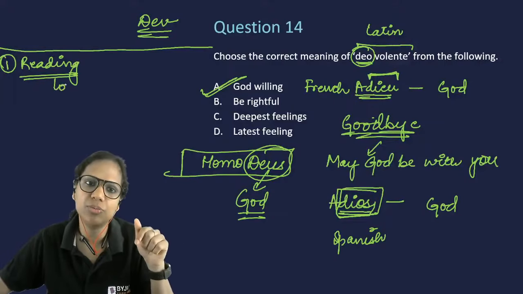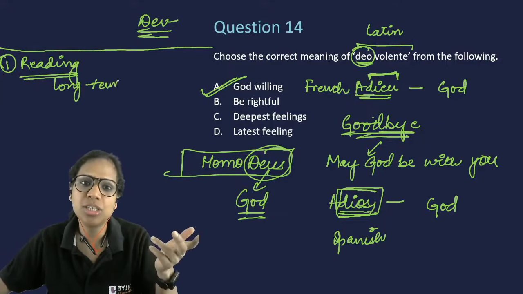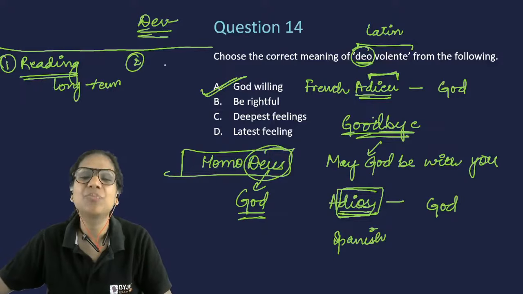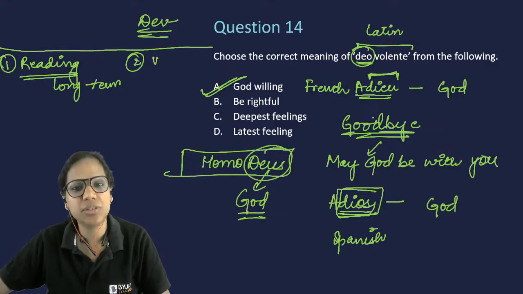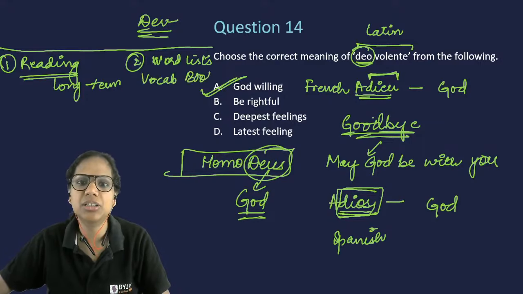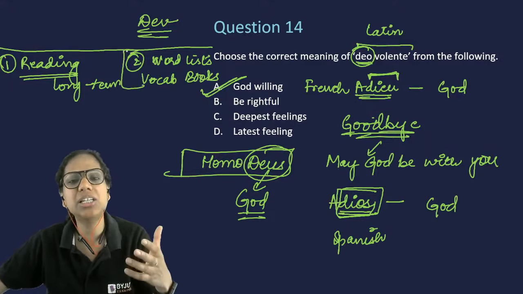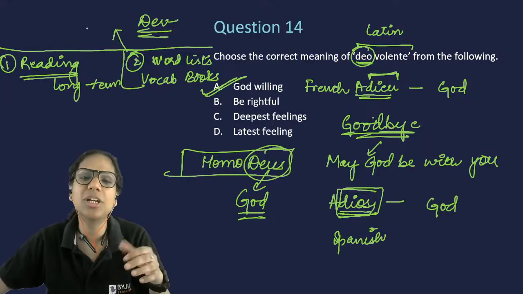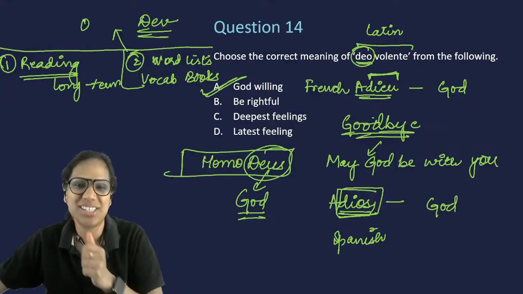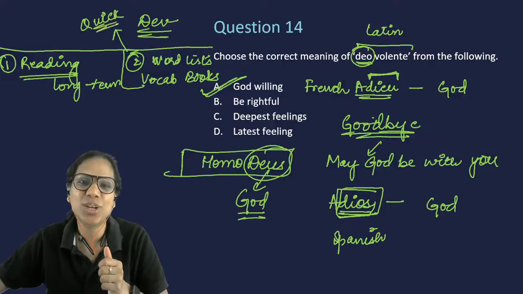Then there are, of course, a number of short-term ways. The short-term ways are various word lists, then vocabulary books that are there in the market. Basically, I would not call them short-term. I would call them relatively quick ways to enhance your vocabulary.